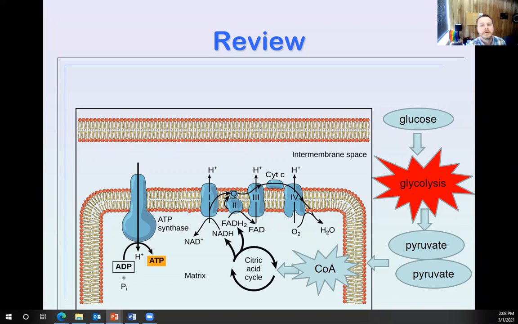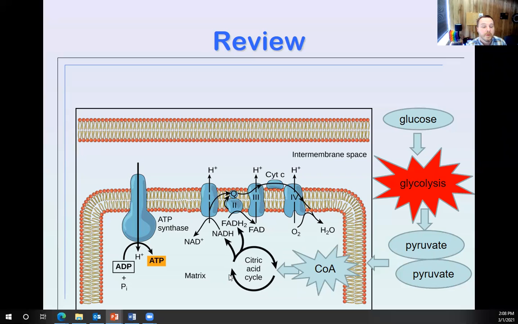Anyway, last time in chapter 7, we talked about aerobic respiration, cellular respiration, where we're taking glucose, breaking that down through glycolysis into a couple of pyruvates. It has to go through a process where a single CO2 is removed through a coenzyme. That goes into the citric acid cycle, which feeds the electron transport chain.